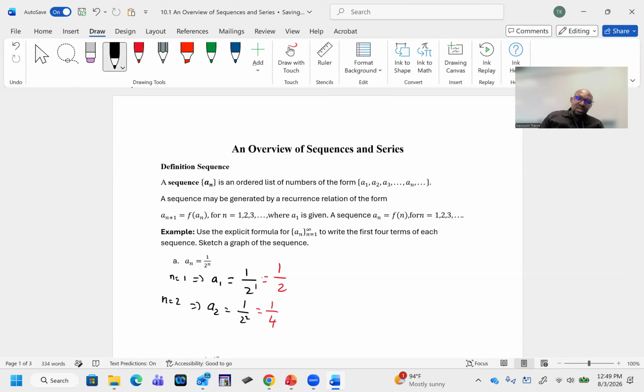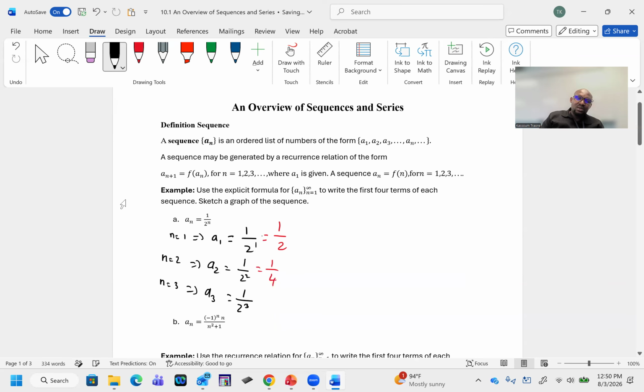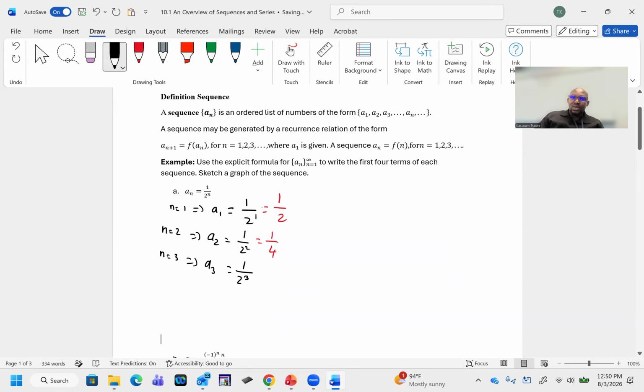If n is 3, A sub 3 will be 1 divided by 2 to the power of 3, which is 1 over 8.